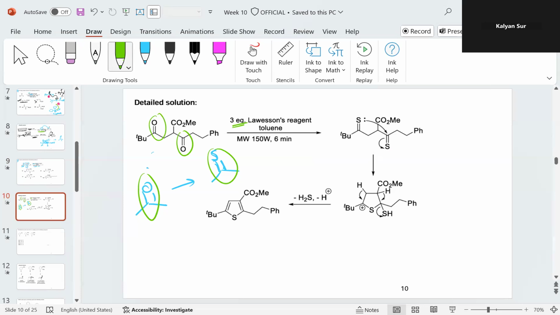The ester group is not reactive towards Lawesson's reagent. That's another point. The first is that the keto converts into C double bond S, and the second, the ester, does not show any reaction with Lawesson's reagent.